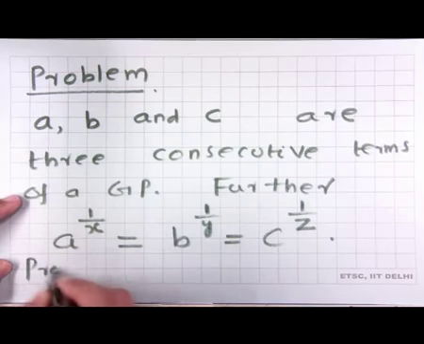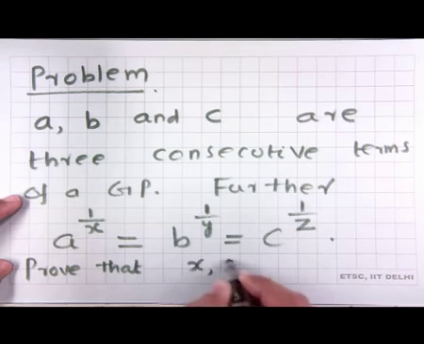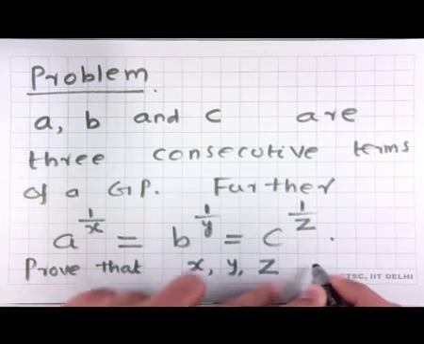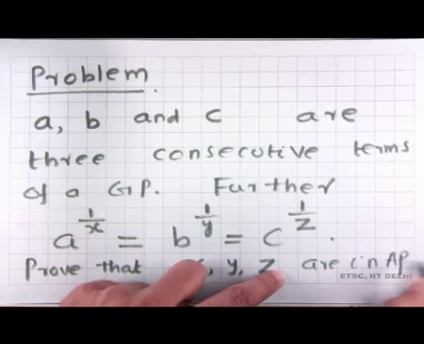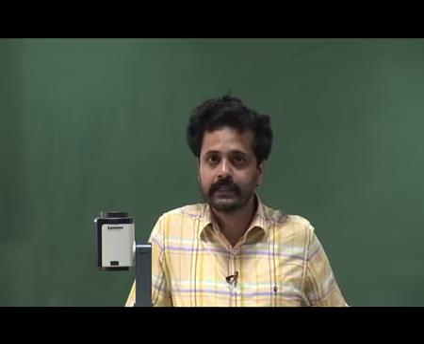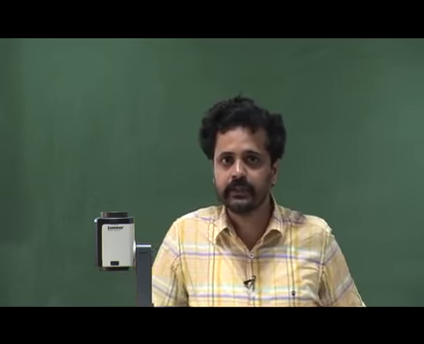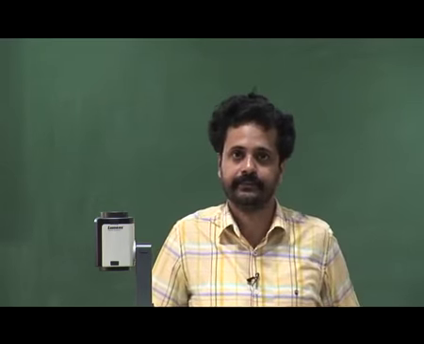Prove that x, y, z are in AP. You can observe that the problem concerned consecutive terms of a GP and AP.